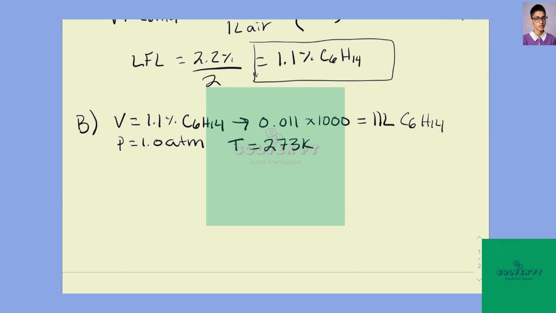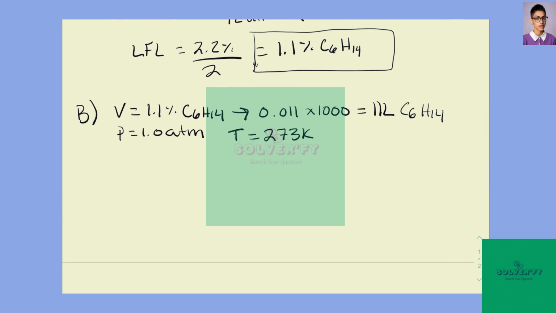Alright, so let's find the moles of our hexane that we have. So we're going to be using PV equals nRT. So we're going to solve for n, so PV over RT.